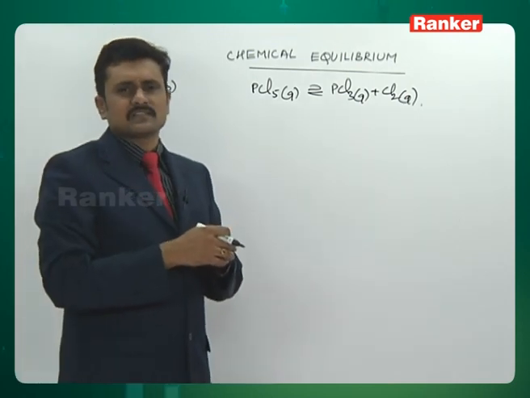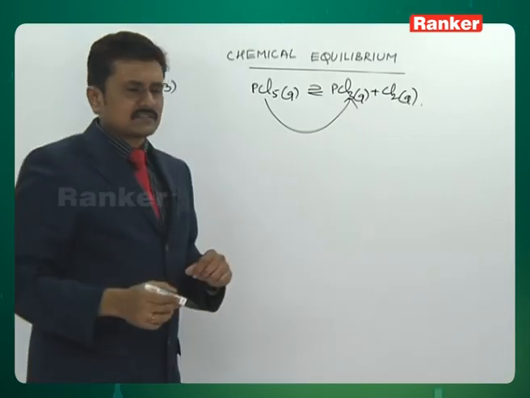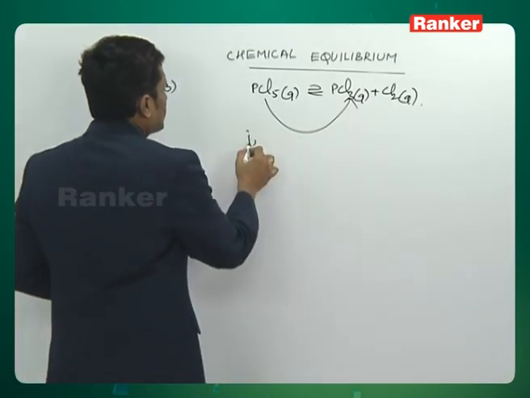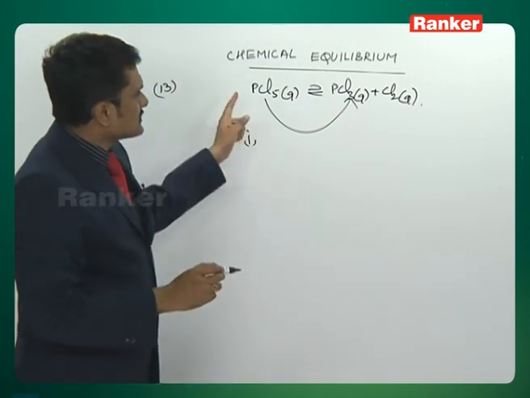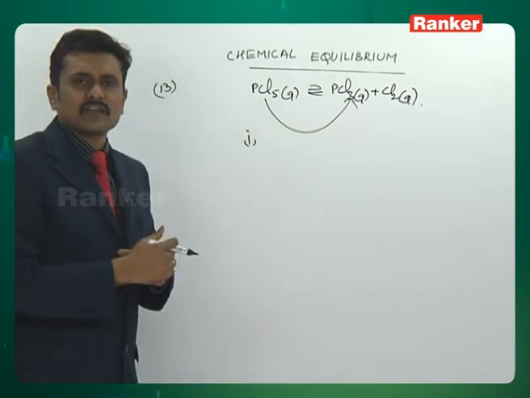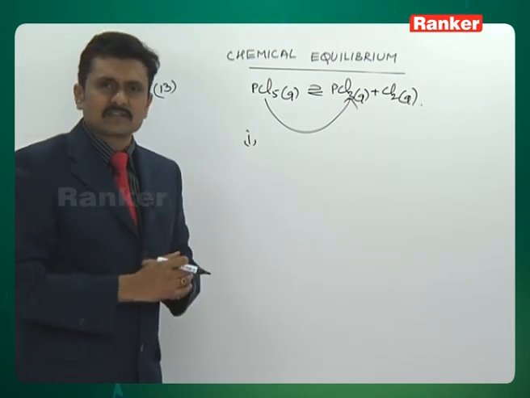You don't want to change the temperature here. You want to move this equilibrium in the forward direction, which is achieved by option 1. This is a dissociation reaction, but we cannot change the temperature here as this reaction has to be carried out at constant temperature. It is given in the question that this reaction is done at constant temperature.